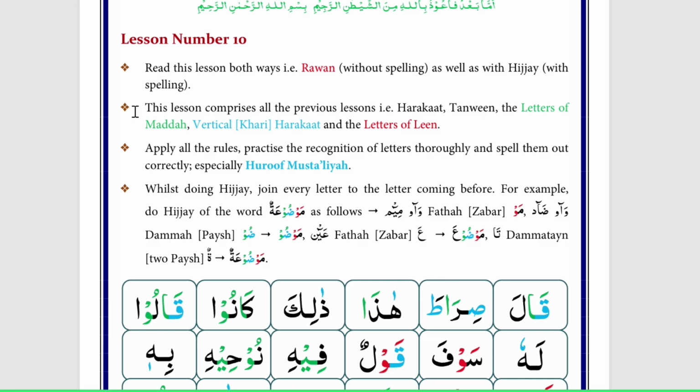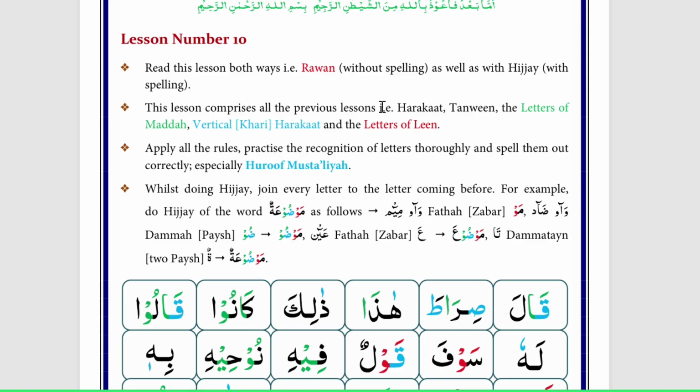Second point is this lesson comprises all the previous lessons. So you can say this lesson is actually practical of all lessons you have learned in previous days. For example, we have learned in lesson 1 about Huroof Mufradat.